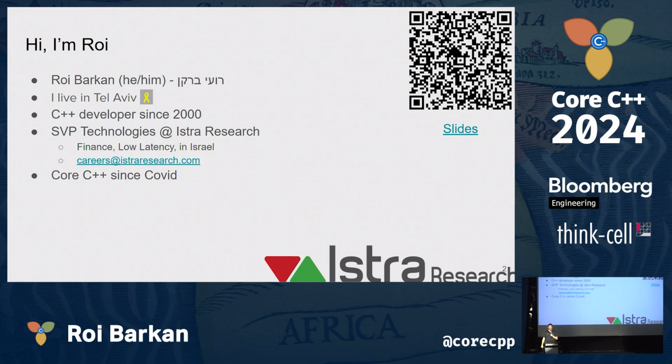If you're interested in any of that here in Israel, come and talk to me later or send me an email. And I've been in Core C++ in that group since COVID. It really helped me through the lockdowns, and I'm very, very grateful for this group. And I really invite everyone to join the monthly meetups as well.